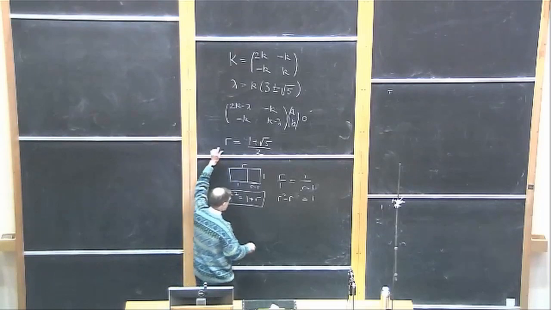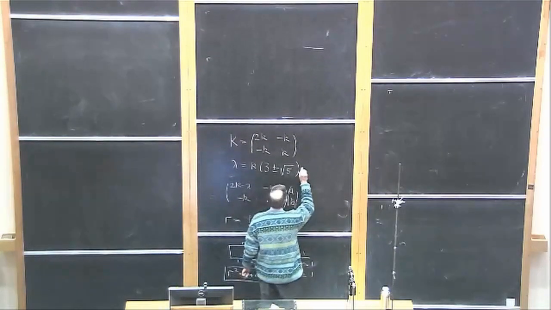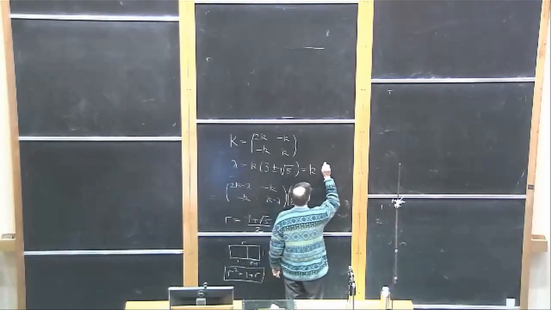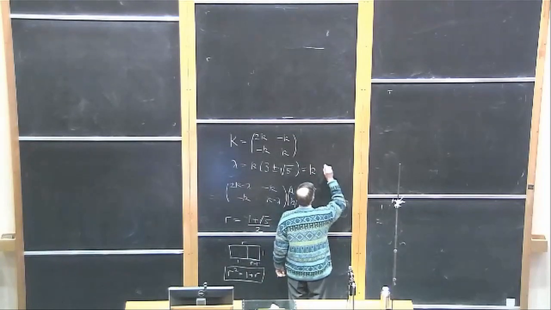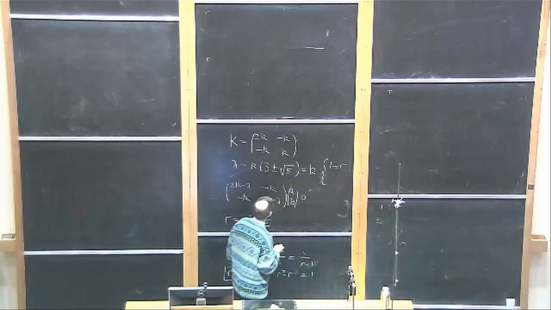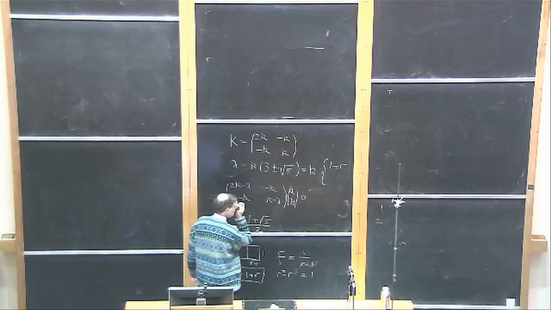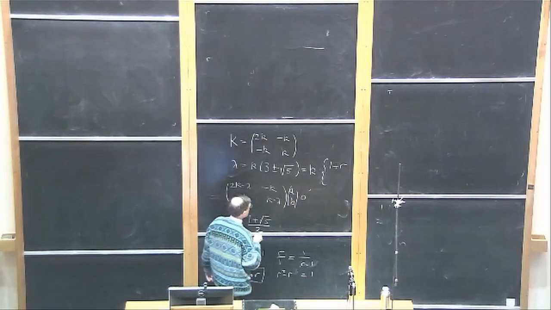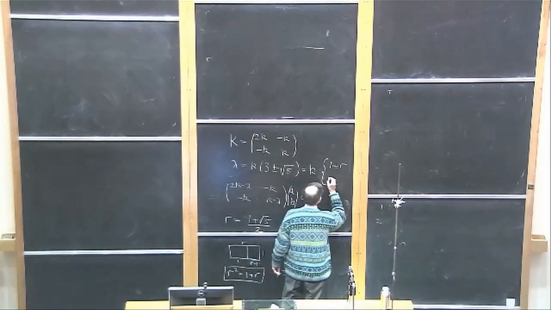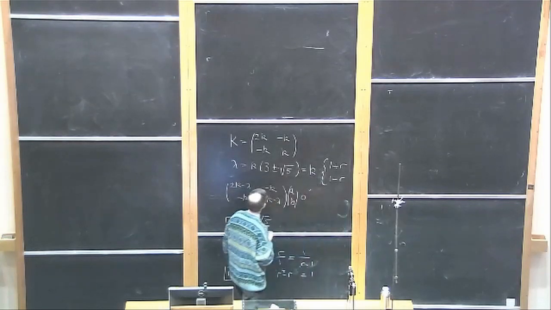And so the eigenvalues in this problem are therefore k into 1 plus r and k into 1 minus r, I think.